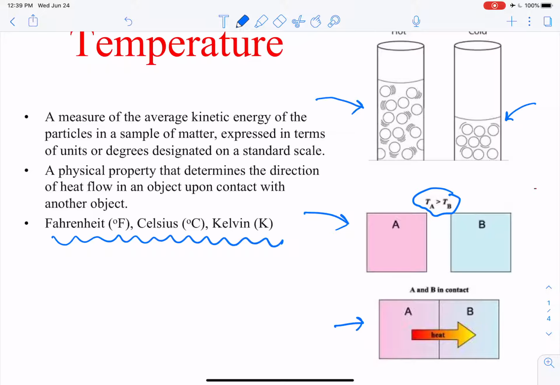It looks like Fahrenheit. And there's another scale called Kelvin. So we tend to use Kelvin in the laboratory when we're looking at really low temperatures or something really complicated having to do with thermal energy.